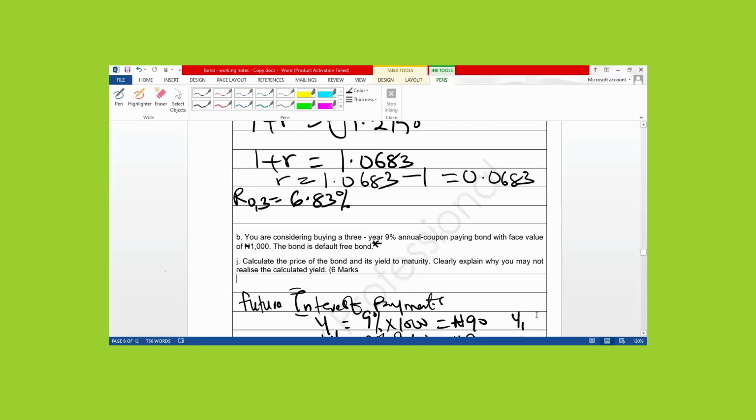Now the examiner says, clearly explain why you may not realize the calculated yield. You are the investor. You have calculated 6.83%.